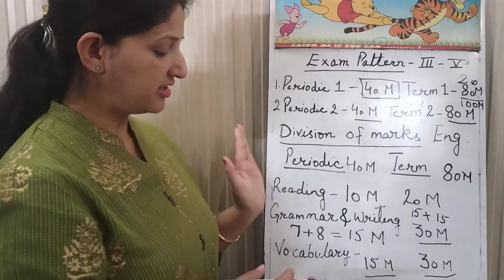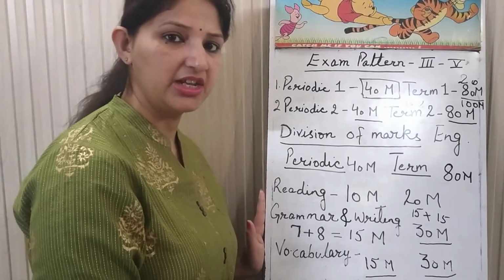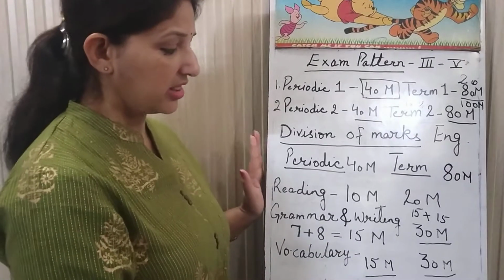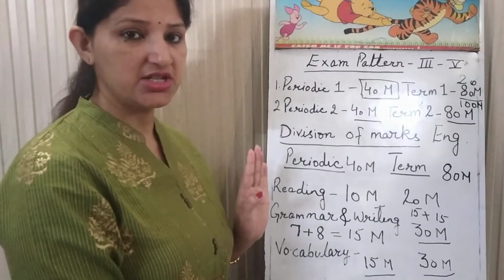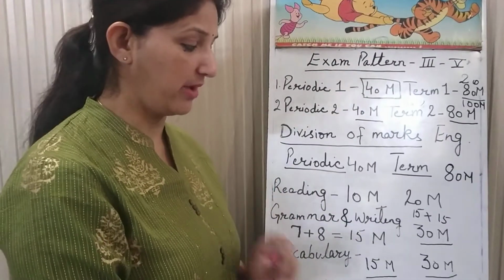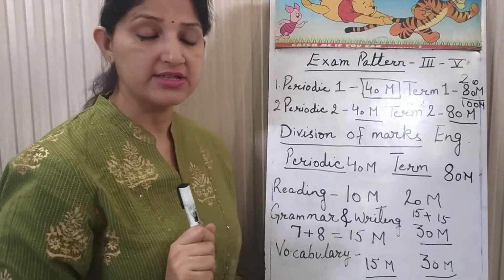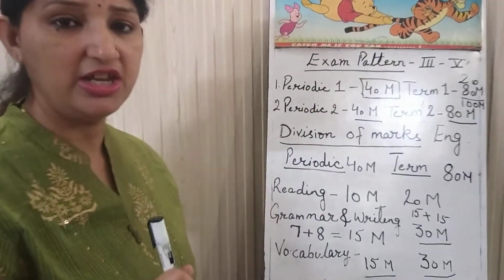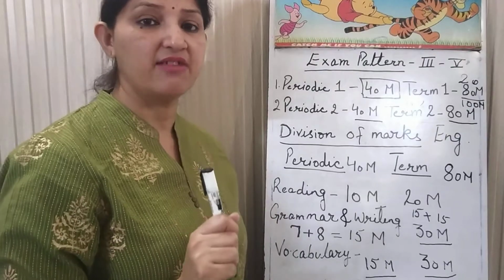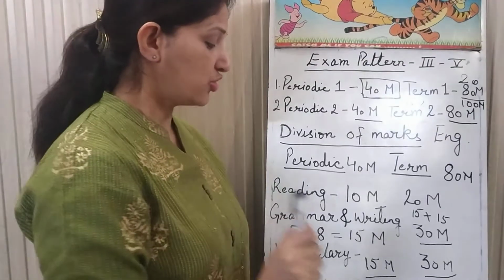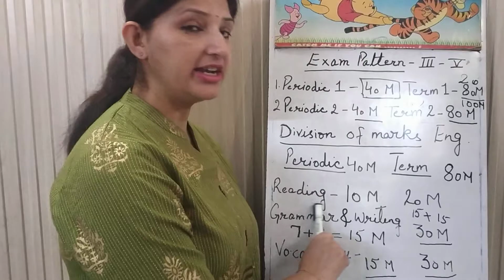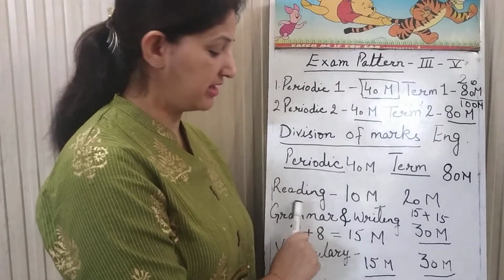Now if you see the pattern of the paper very carefully, you will find that a very small percentage is given to the rote learning part, 30 marks, right? And it is very important because a child develops only when he or she does it himself or herself, right? So here, the child needs to stress more on which parts?